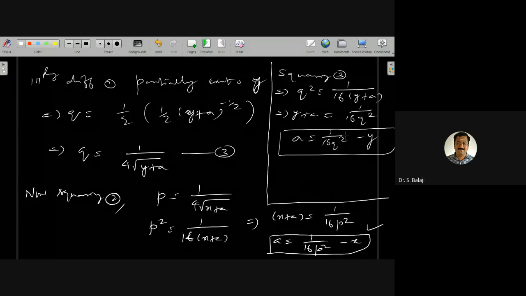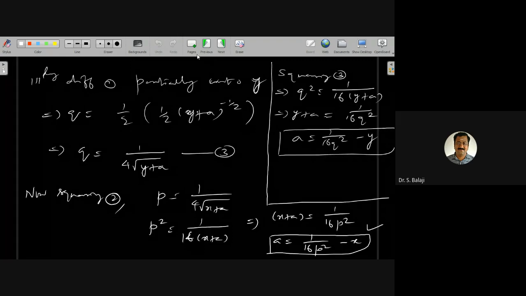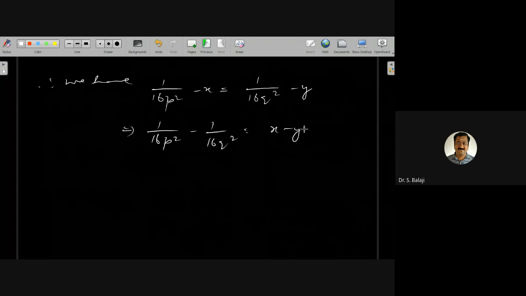Therefore, both represent a, the same arbitrary constant, so both are the same. Therefore we have 1 by 16 p square minus x is equal to 1 by 16 q square minus y. So 1 by 16 p square minus 1 by 16 q square equals x minus y.